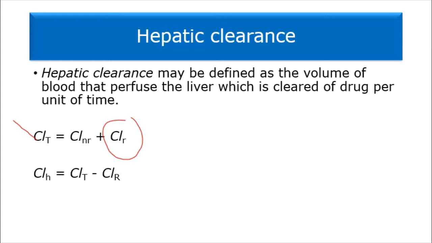So as we said, to calculate the hepatic clearance, we can indirectly calculate the total clearance and the renal clearance, and the remaining non-renal clearance would be mostly related to the hepatic clearance. In other words, hepatic clearance would equal total clearance minus the renal clearance.